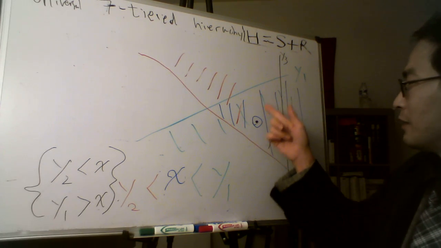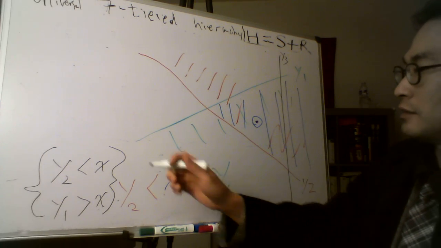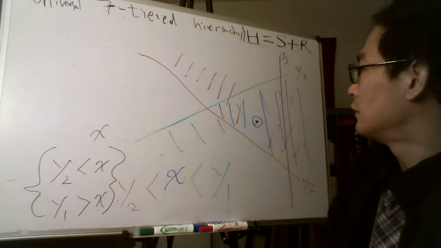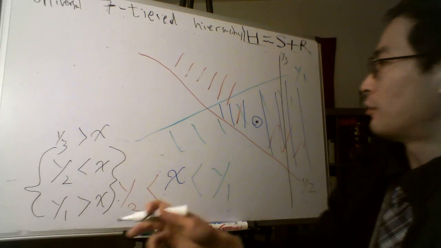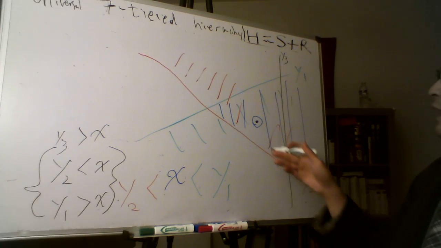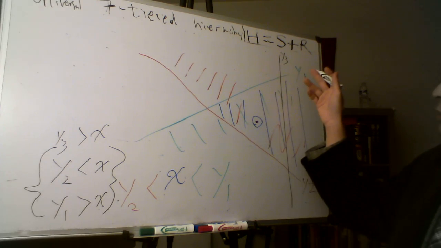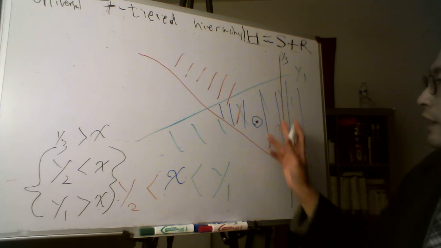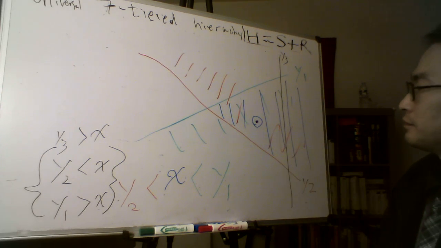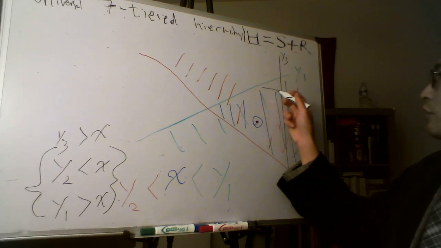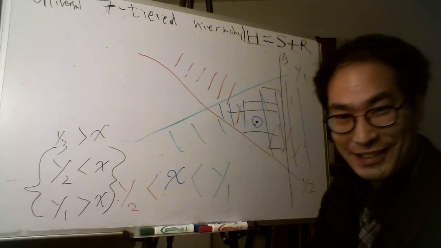So now I'm inside this triangle. So X is less than Y3. Your negative role model, you want to rebel against, and your positive role model, you want to obey, comply. Then there's this Y3. So what is this triangular region?